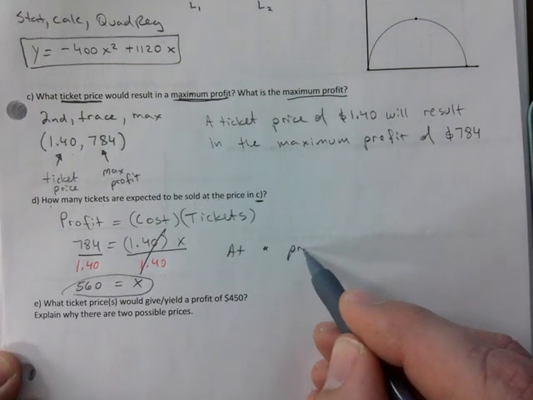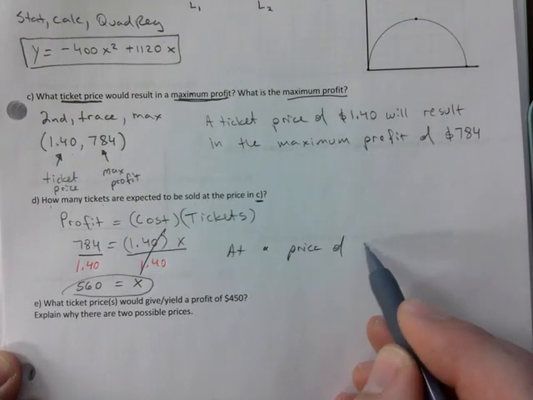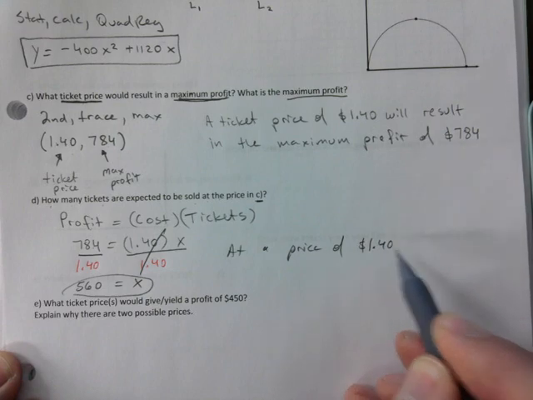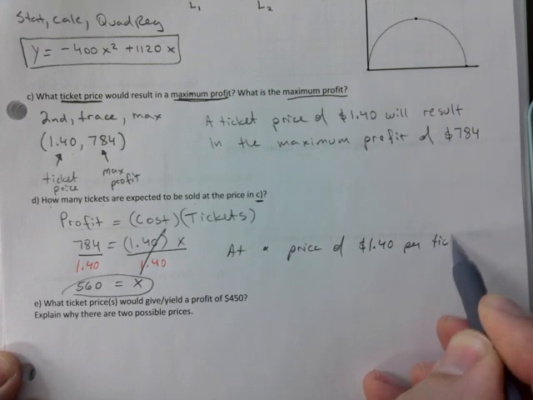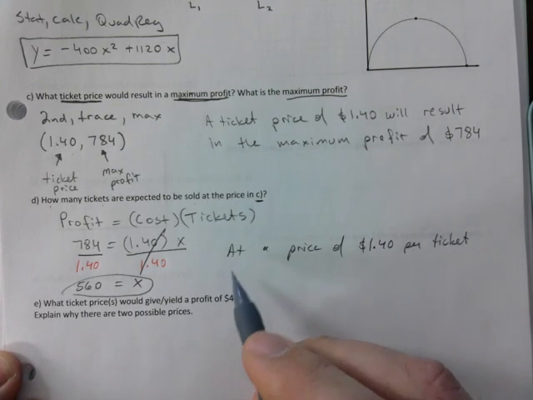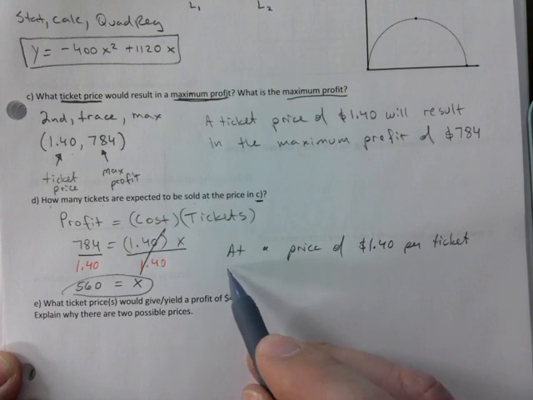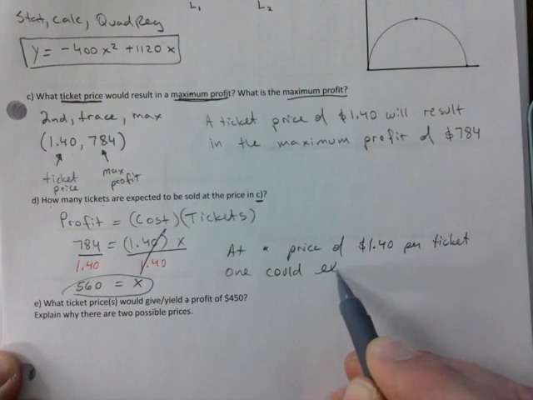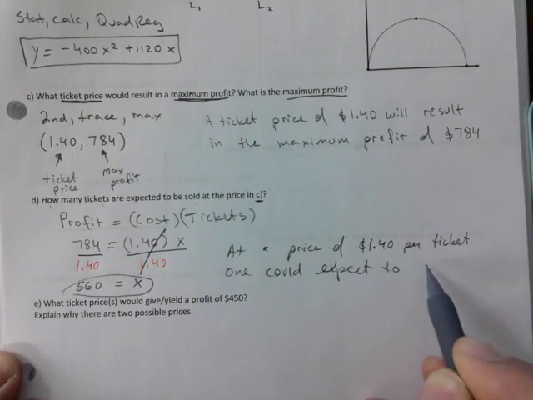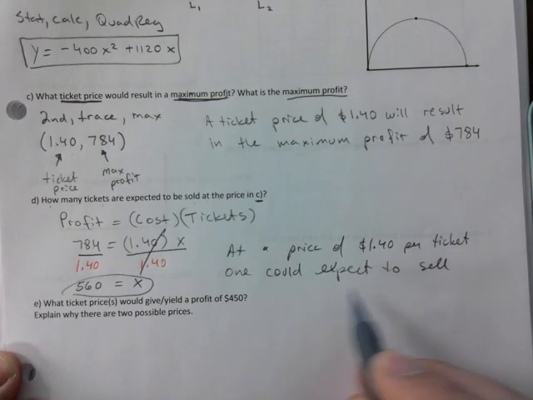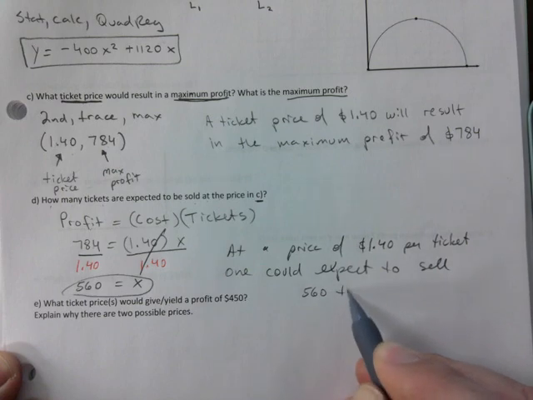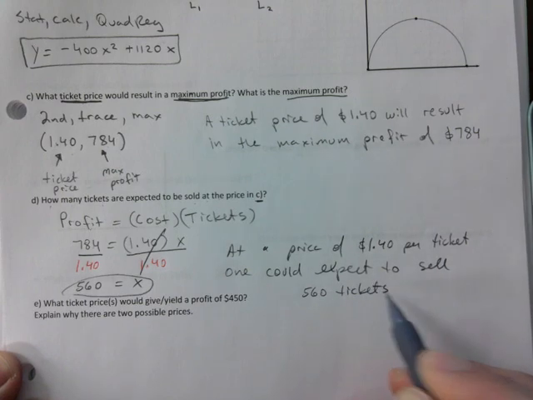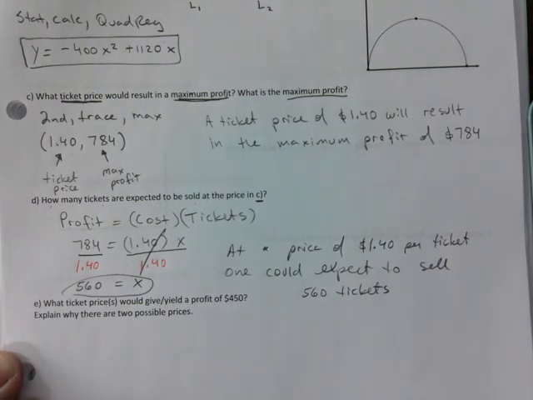At a price of $1.40 per ticket, one could expect to sell 560 tickets. Okay.